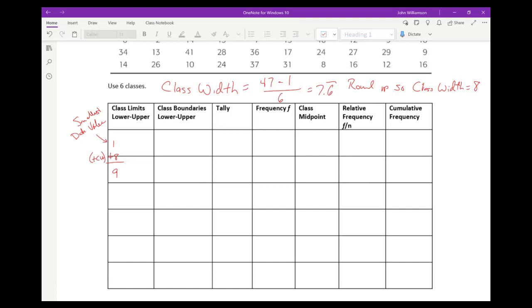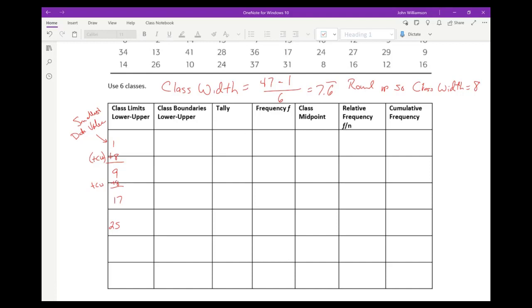And then I keep doing that process. So now I add my class width again. I'm going to add another 8, and I'm going to get to 17. That's my next lower class limit. And I just keep doing that process. So we need 6 classes. Add another 8 and get to 25.